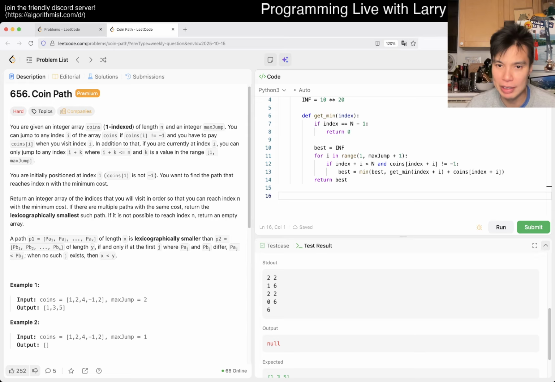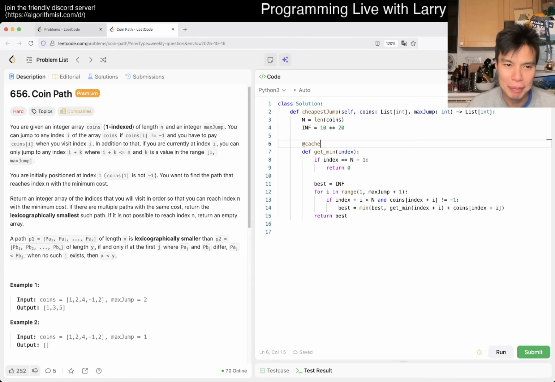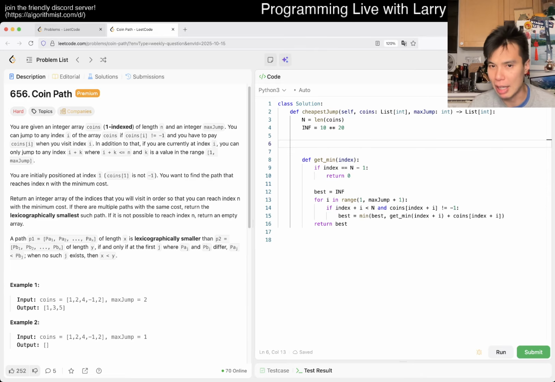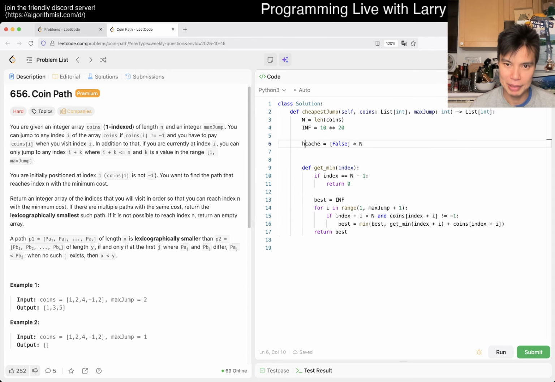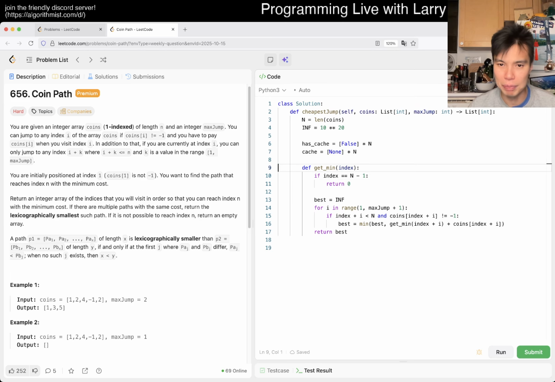So there are 2 things we need to do. One is add the memoization, right? Usually I just slap a cache on it, but for now we'll actually write it out. And this is not that bad, right? So maybe we write has cache, and cache is equal to none times n. And then this is pretty straightforward.